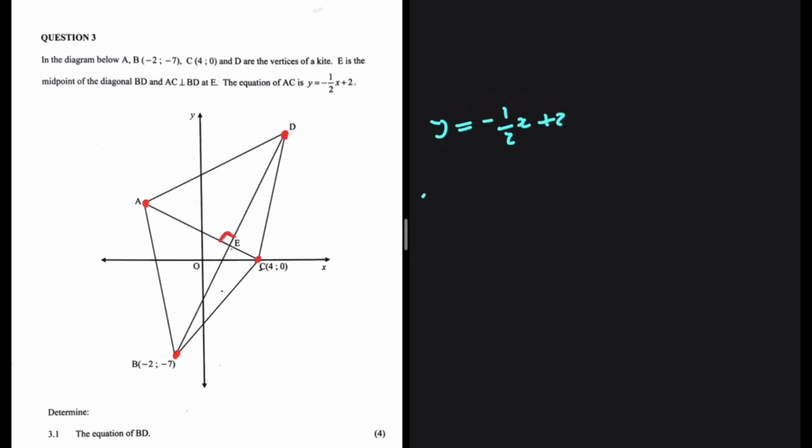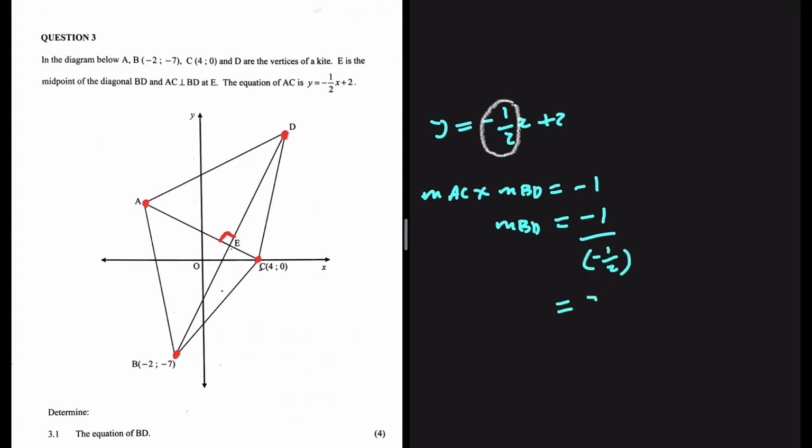That should tell us that the gradient of AC multiplied by the gradient of BD is equal to minus 1. So the gradient of BD will be equal to minus 1 divided by the gradient of AC. From the equation, we know that the gradient of AC is minus 1 divided by 2. So we divide minus 1 by minus 1 divided by 2. The gradient of BD will be equal to 2.